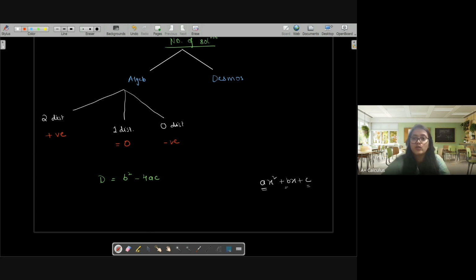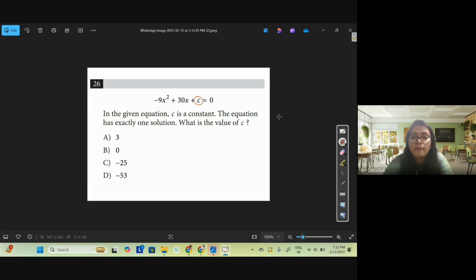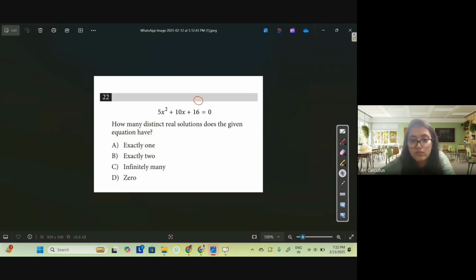So let's go back to the questions. In this case, actually first we will do this question. We have to find out the number of distinct real solutions. So you compare it with ax squared plus bx plus c equals 0. So a is 5, b is 10, and c is 16.